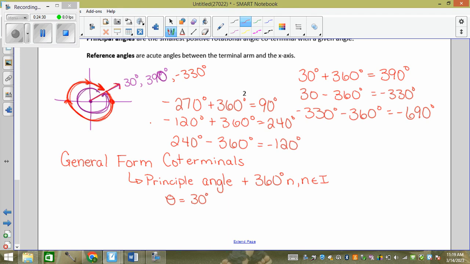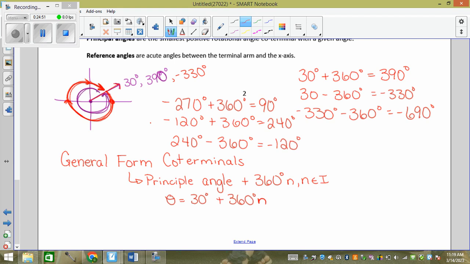I take 30 degrees, plus 360 degrees, and then plus another 360, plus another 360, plus another 360, minus another 360, minus another 360, minus another 360. Well, how do I represent that? I put an n behind it. Because if I put an n behind it, it's 360 degrees times n.